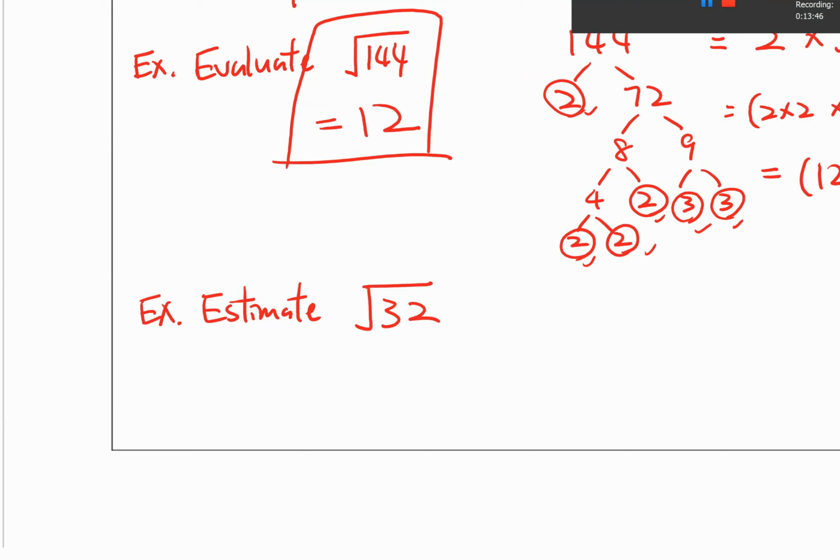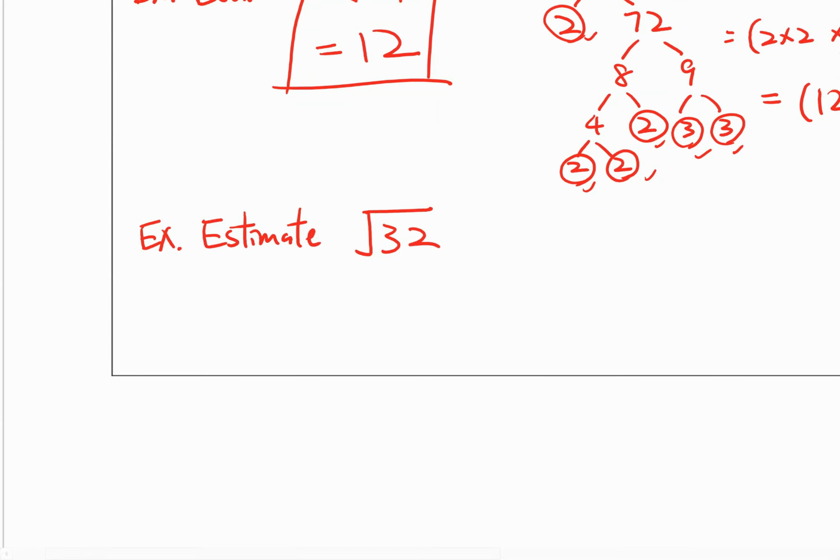Let's carry on with the estimate of the square root of 32. So when we estimate, what we do is we look at the number line, okay? We want to see where 32 is situated. Because we're taking the square root, I need to think about what's the closest perfect square just below 32, and what is the closest perfect square just above 32.